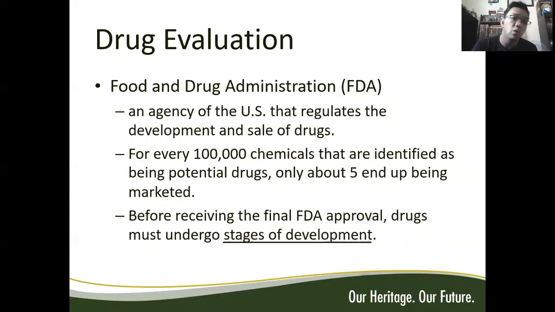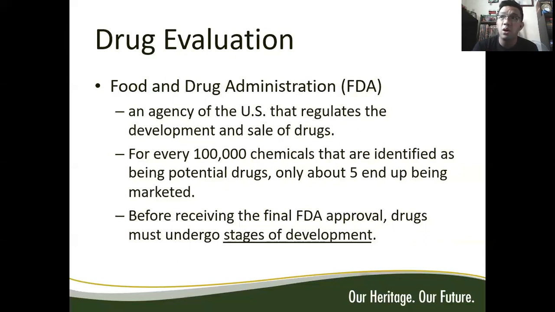Doctors or pharmacists or scientists are not able to sell drugs without the approval of this government sector. And for every 100,000 chemicals that are identified as being potential drugs, only about 5 end up being marketed. Because there are a lot of things that pharmacists and scientists need to consider.